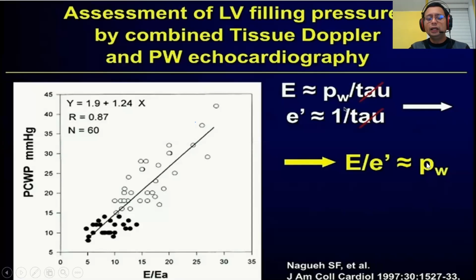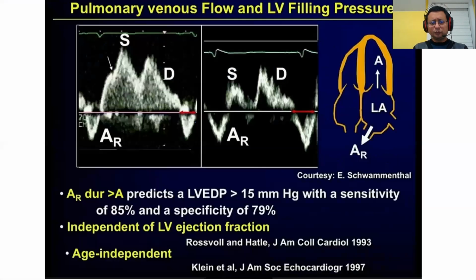So he noticed that if you divide E by E prime by echocardiogram, if the E over E prime is more than 15, it approximates the filling pressure that is abnormal. Okay, so E over E prime septal that is more than 15 in echo approximates abnormal filling pressure. So that is one of the geneses of E over E prime.